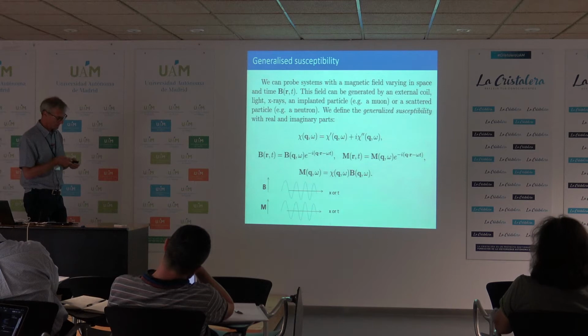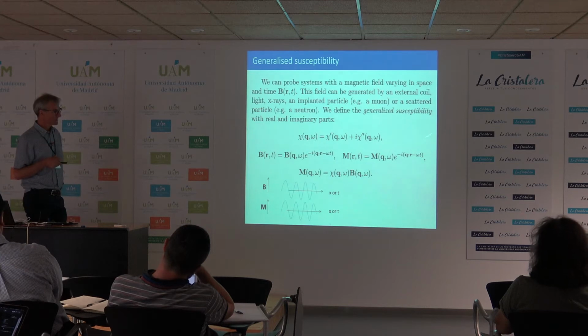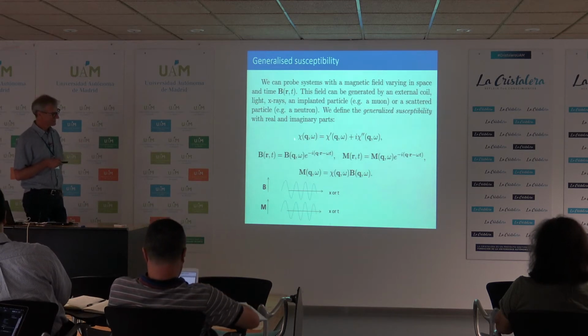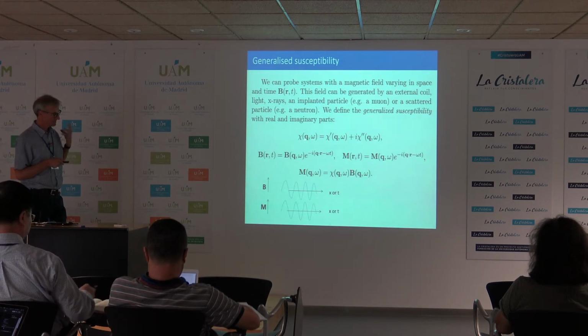The other important thing in understanding scattering experiments like this is the generalized susceptibility. This is just a generalization of the normal susceptibility that you use in a magnet, generalized in the sense that we think about the response not to a constant uniform field, but to a time-varying field which varies in space as well.